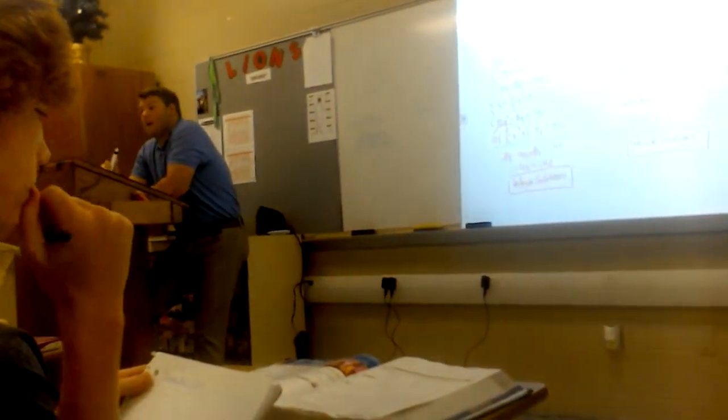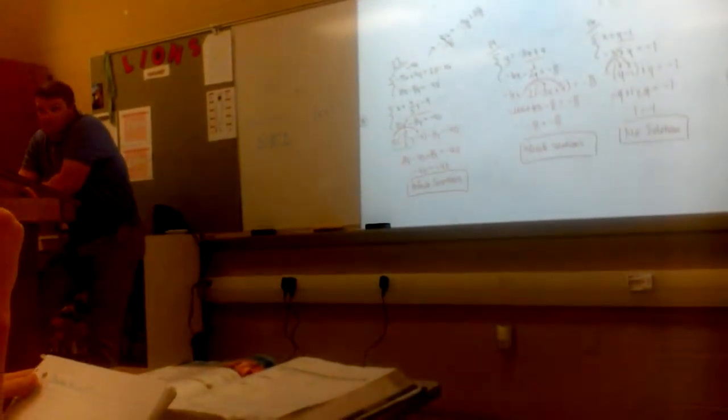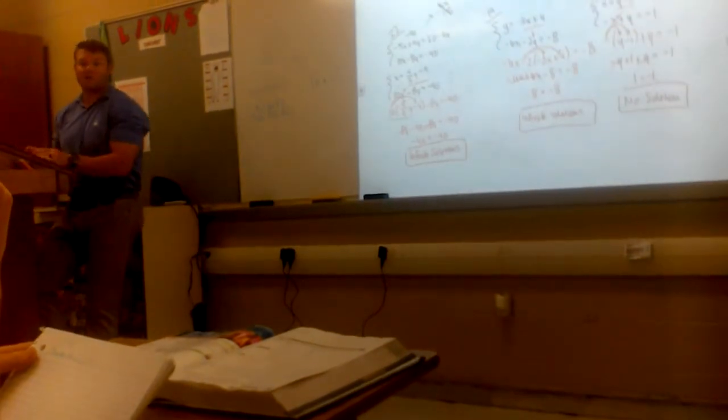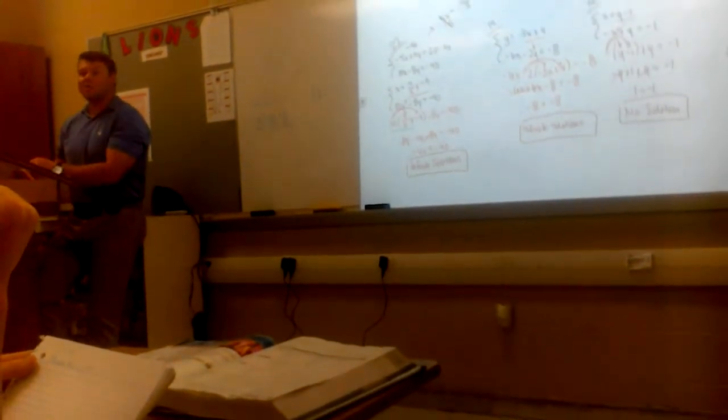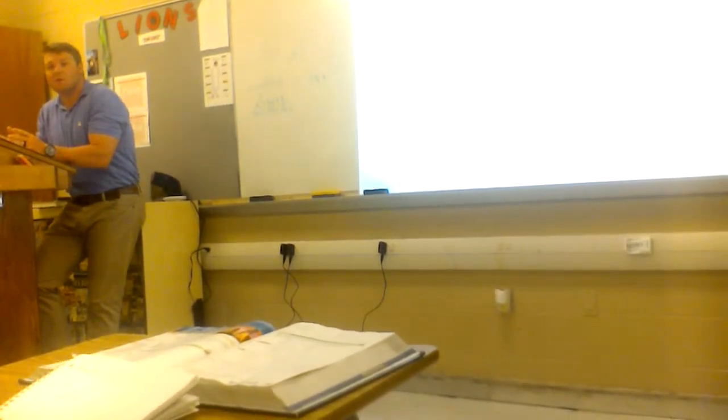Okay, so step 1. Now, in my opinion, this is the easiest method to solve. We've used the hardest two methods to solve a system. Now we got the easy one. So step 1, we are writing the system so like terms with the same or opposite coefficients are aligned. What's a coefficient? The number in front of the variable.